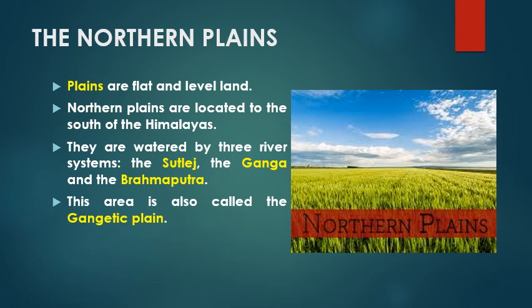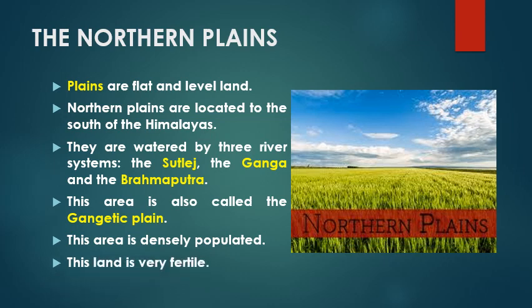This area is also called the Gangetic Plain, and this area is densely populated. Why is it densely populated? Because it is very comfortable to live in a plain as the land is fertile there. And what is the meaning of fertile?